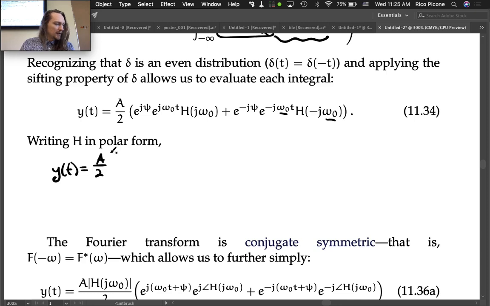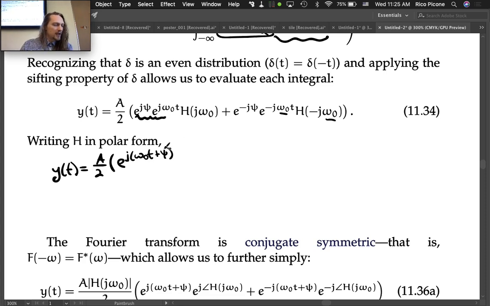We're going to write each h separately in polar form. So let's combine these two exponential terms here. We add the exponents, so e to the j omega naught t plus psi. That's just the combination of these two exponentials.